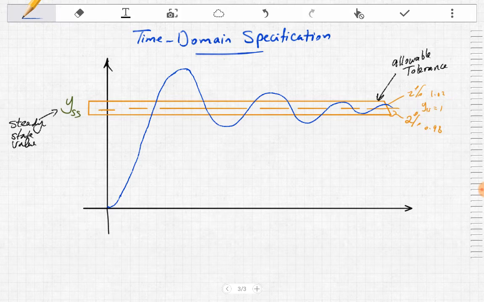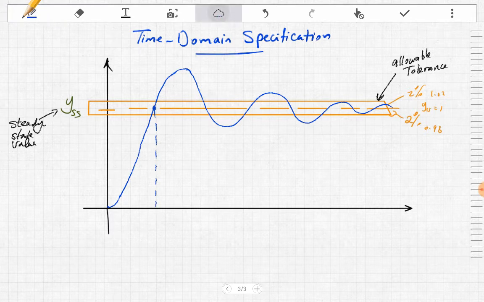Well, let's look at the performance here. Some people use different definitions for the rise time. For example, some consider the rise time when it reaches the steady state value for the first time, like this is the first time it reached, right?